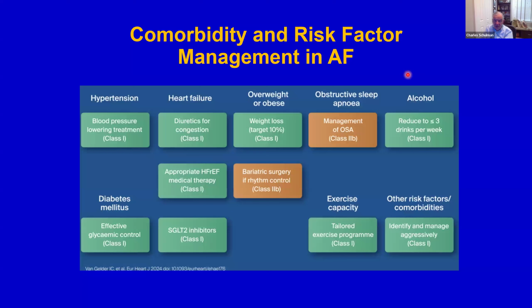Now, it's not generally appreciated, but there are a number of comorbidities and risk factors in atrial fibrillation that, if you treat them or reduce them, you will improve the atrial fibrillation.